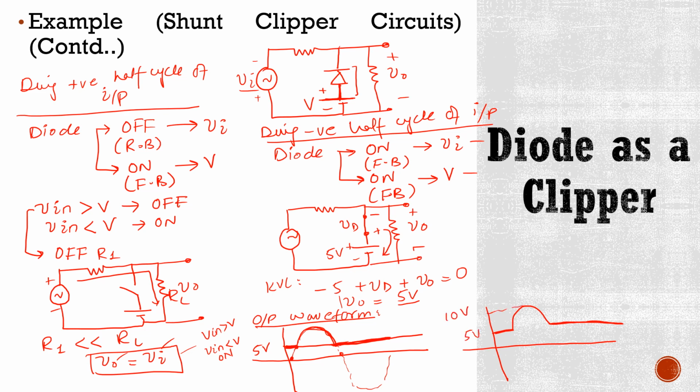Okay. Now we know that this circuit is clipping the negative half cycle of the input signal. This circuit is biased and the configuration is parallel.